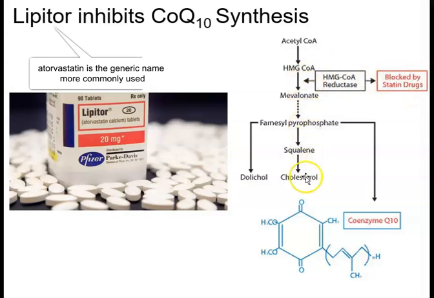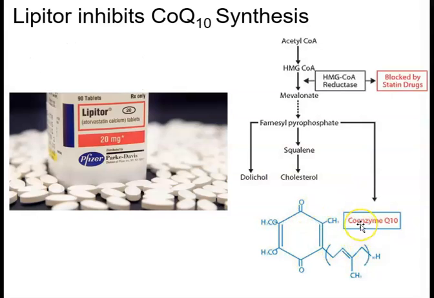So we're not making cholesterol, which is good if you have high cholesterol, but it's also not good if you need coenzyme Q10. So a lot of people actually say that Lipitor kind of gives them sore bones and achy joints, and you can think about your muscles, how much energy they need, the metabolic requirements of a muscle.